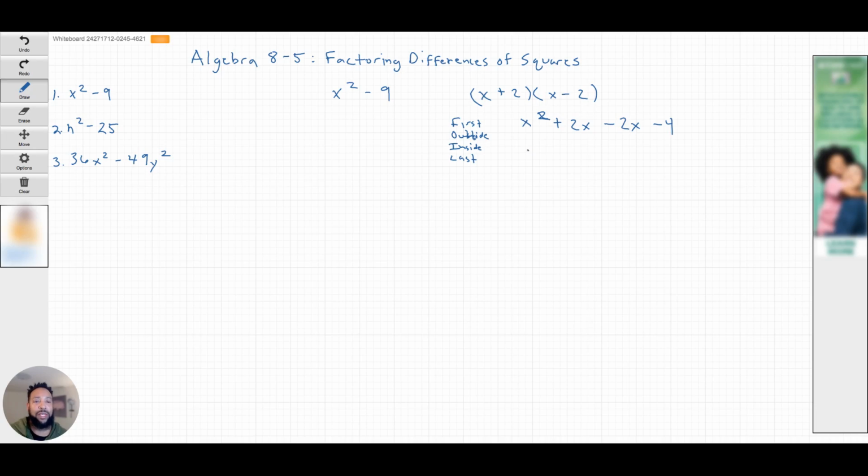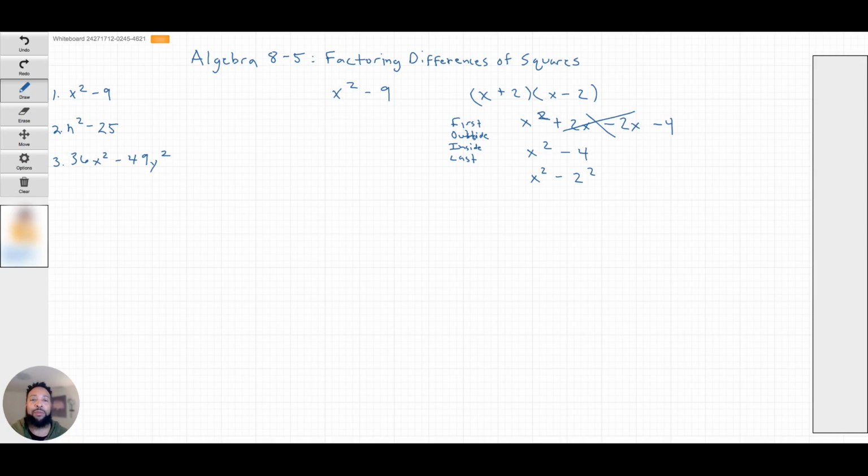So as we can see here, we have x squared, and then we have 2x minus 2x, so this cancels out. So we're just left with x squared minus 4.